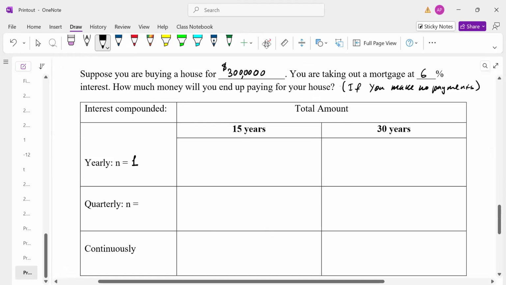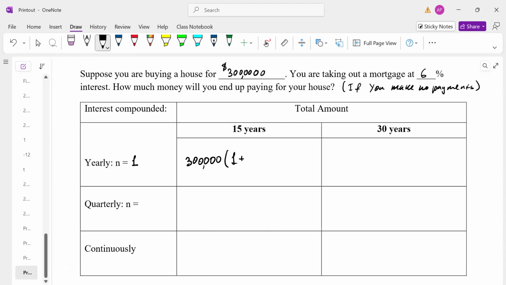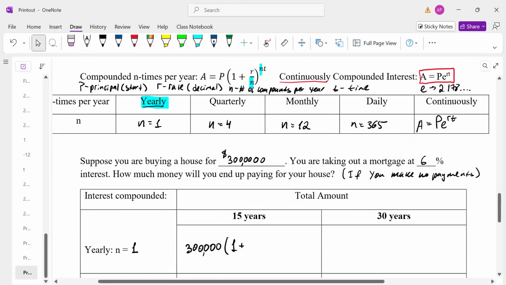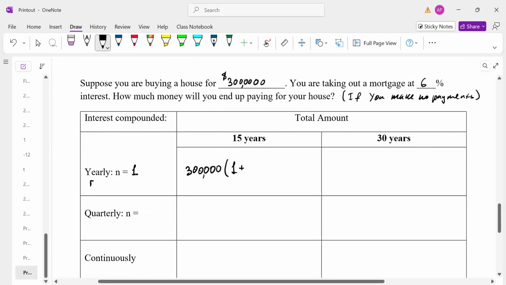that means that n is equal to 1. So if we're doing it for 15 years, then it's going to be 300,000 times 1 plus. Now our r would be 6% interest, but we have to convert it to a decimal, so it's going to be 0.06.